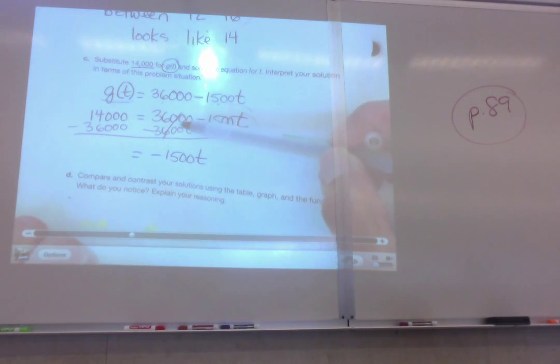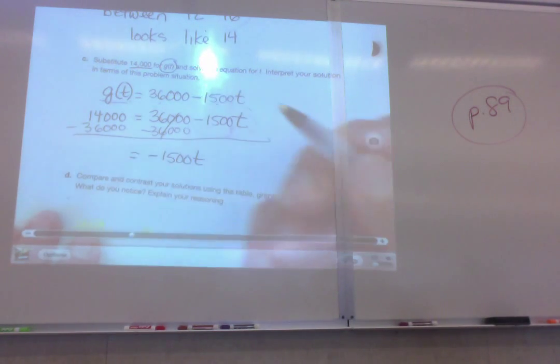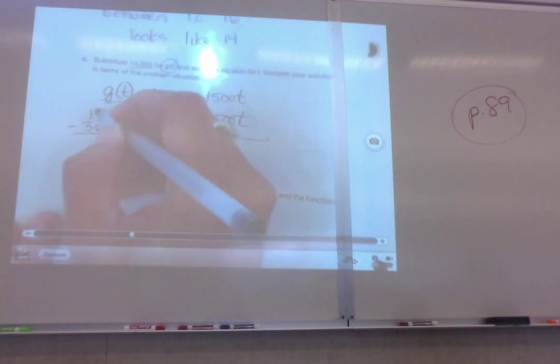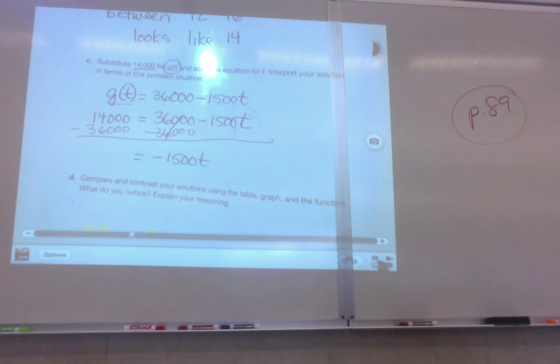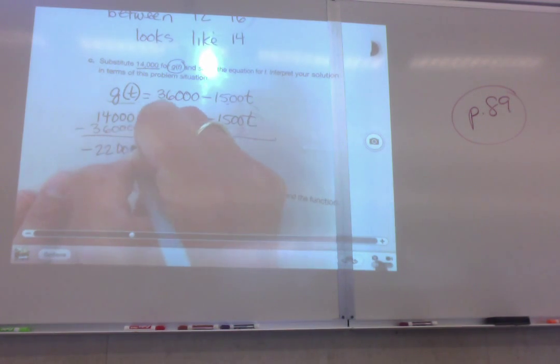whenever you're taking something away from the front of a subtraction, you need to make sure you keep that negative with the number that's behind it. So negative 1500t is the only thing left on this side after that's subtracted. What is this going to be? Who did this subtract? Negative 22,000.